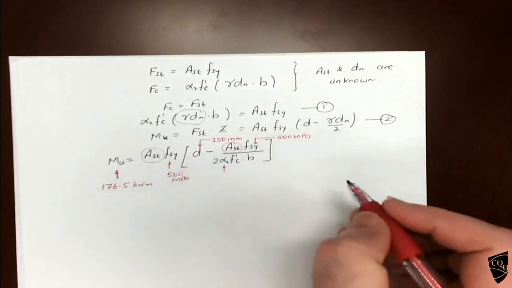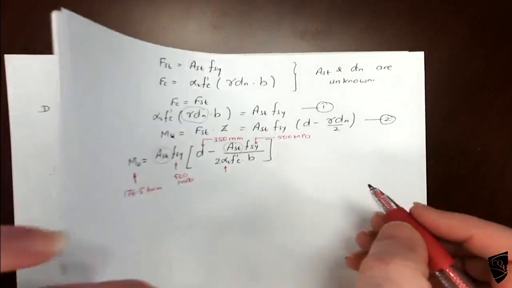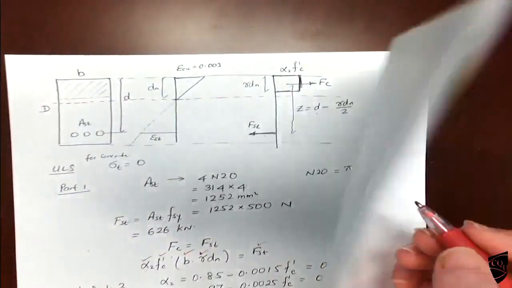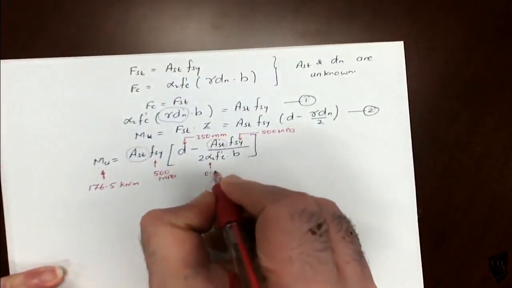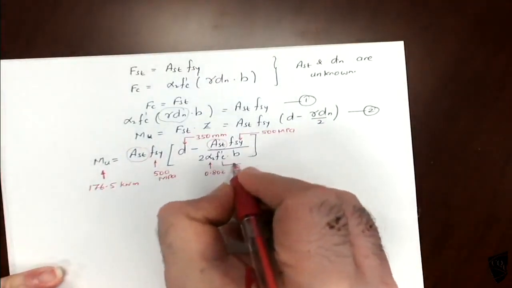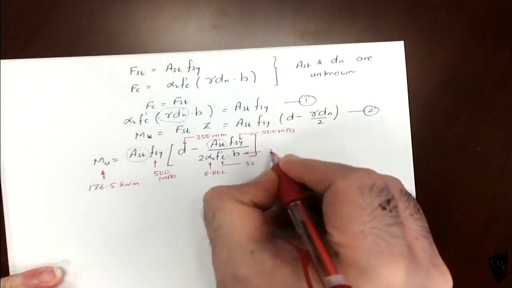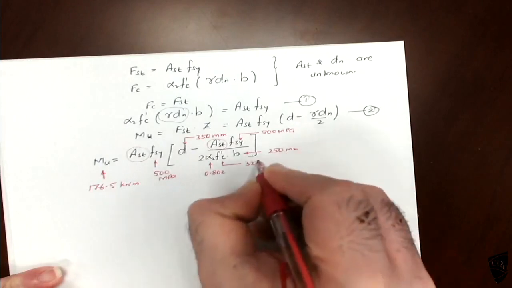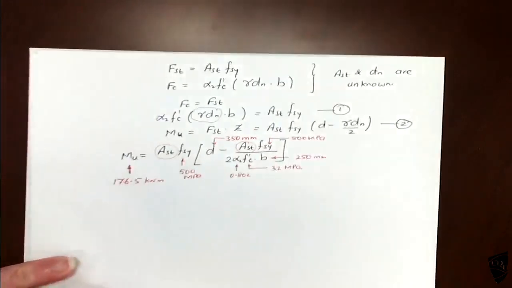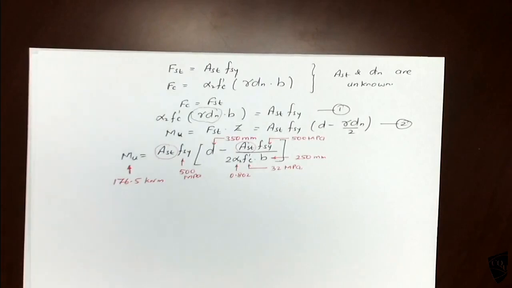Alpha 2 we already calculated. Alpha 2 is 0.802. This is 32. This one is 250, isn't it? So if you substitute, what will you expect? You will get a second order equation. Yeah? Second order equation. You should be able to calculate Ast. Do you know how to do that one?